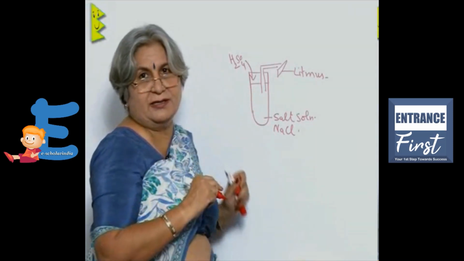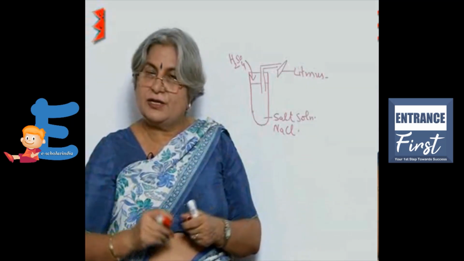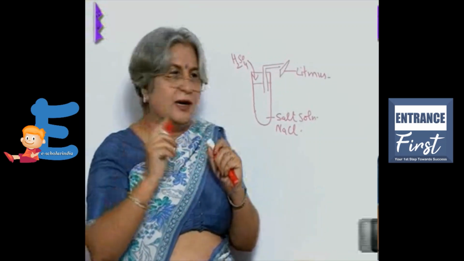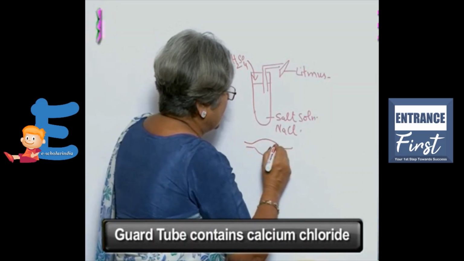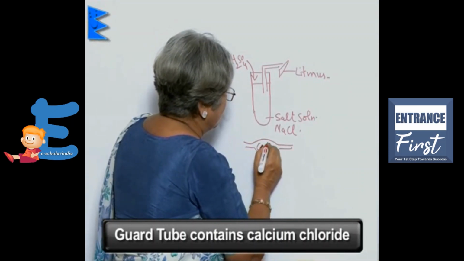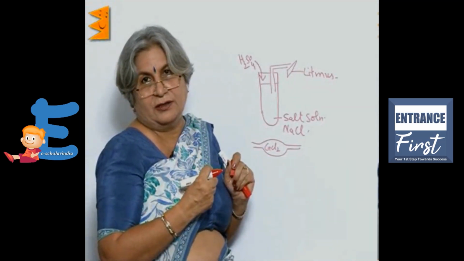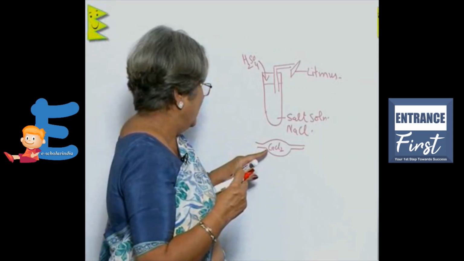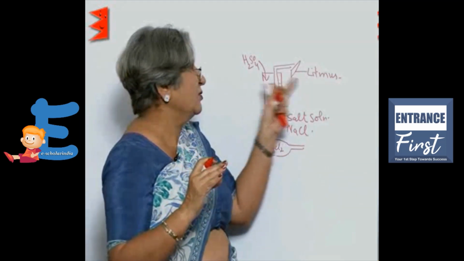You can ensure that it is dry, because especially in the rainy season, there are a lot of water molecules in the atmosphere also. So you let the gas pass through a guard tube, which has calcium chloride in it. Calcium chloride has the property to absorb water. So it is used like a drying agent. So when the gas passes through it, it's absolutely dry. So there is no action.